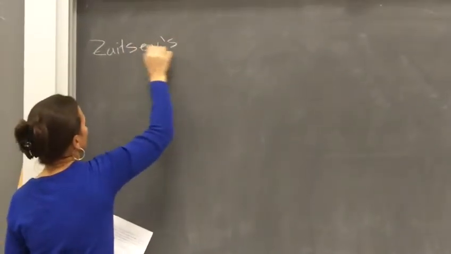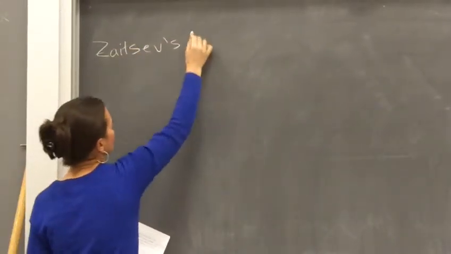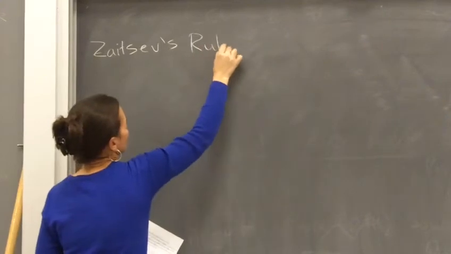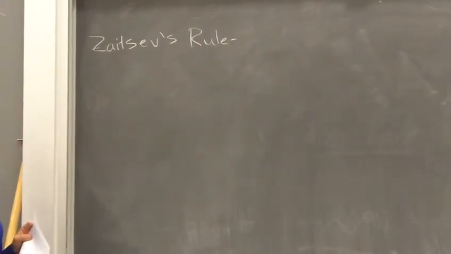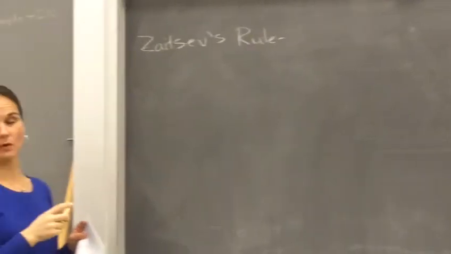Now something else to keep in mind is Zaitsev's rule when we're talking about alkenes. What does that rule say? What are we going to form?